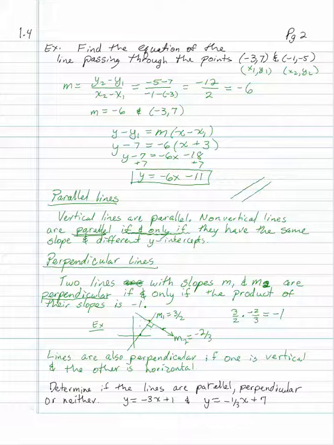Okay, so determine if lines are parallel or perpendicular or neither. So again, to be parallel, you have to say m1 equals m2. Well, -3 does not equal -1/3. So not parallel.